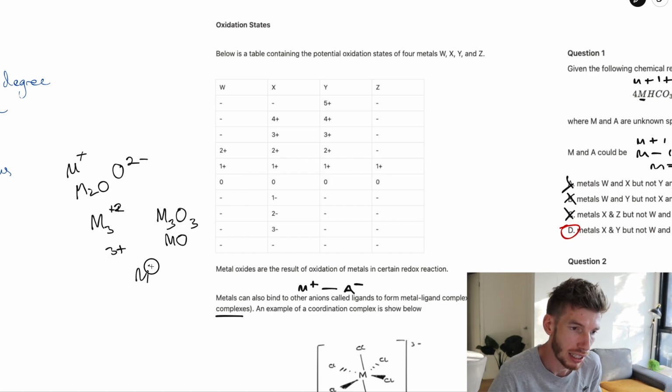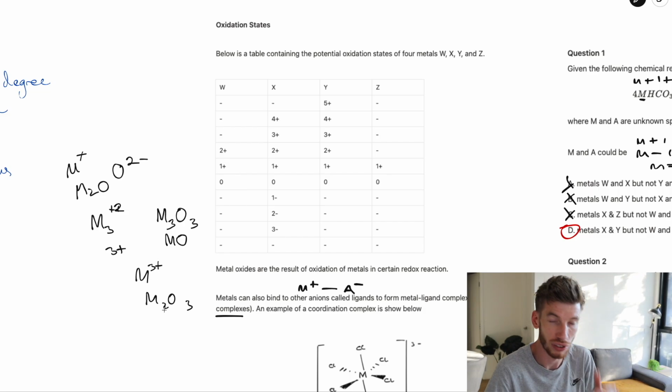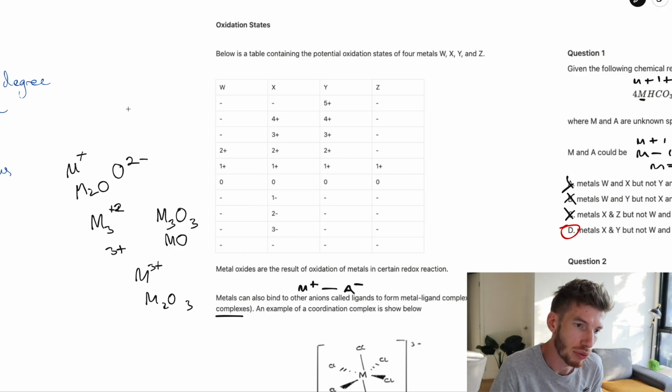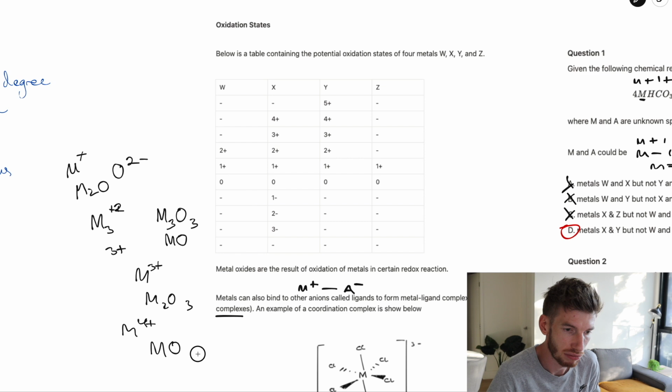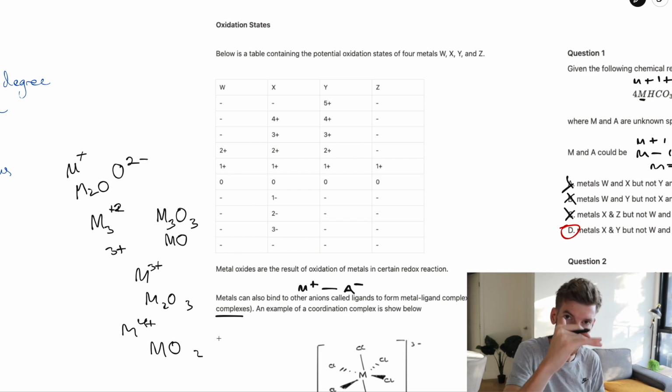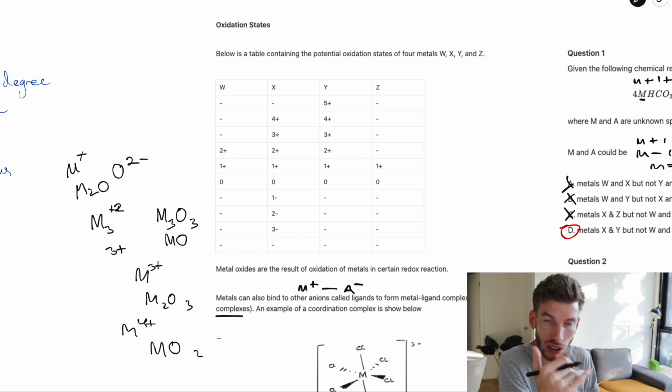If you had a 3+, we saw that before, you had to have M2O3, so that goes up to a second degree. If we had M4+, we had that same thing, where it was just put 2 oxygens on it, right? So it never actually had to go above 2. Whenever it was an odd charge, you had 2, and when you had an even charge, you had 1.